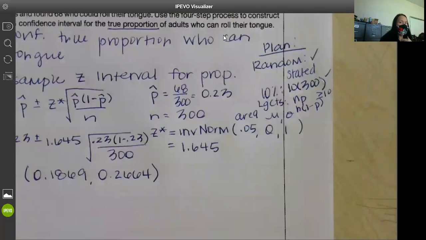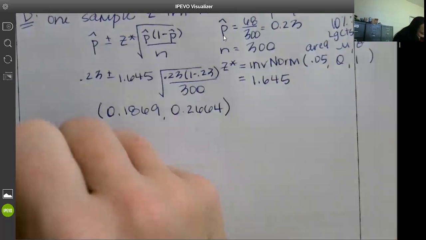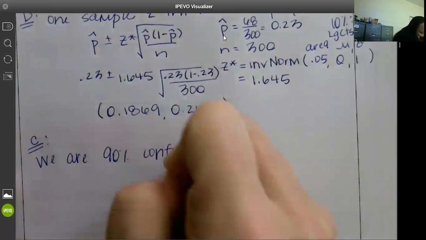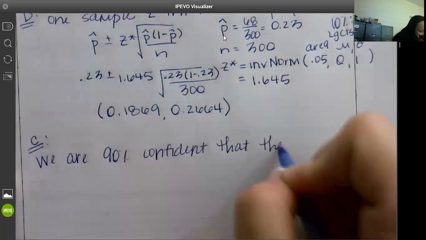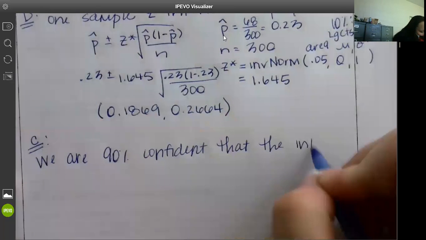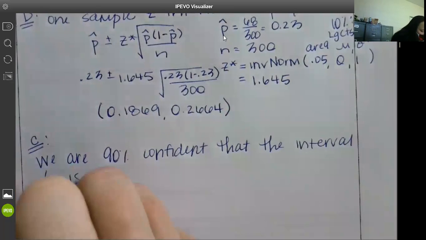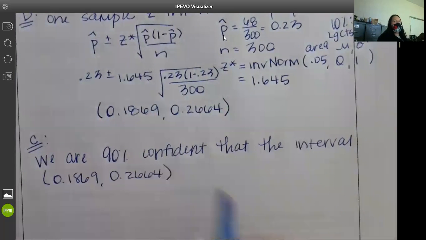How do we conclude it? Stop right there for just a second. We are 90% confident. Keep going. Got the interval, include that interval in there. 0.1869 to 0.2664 does what?